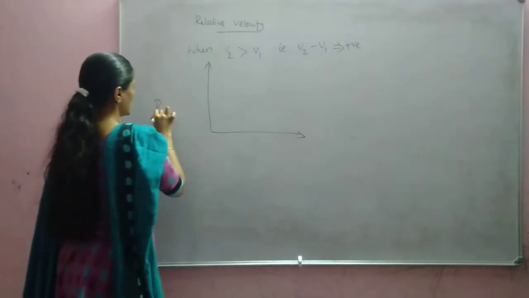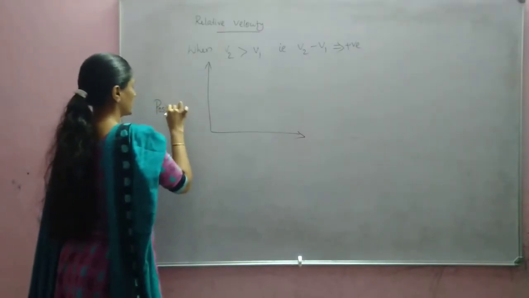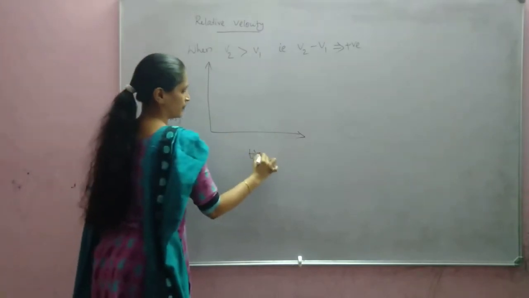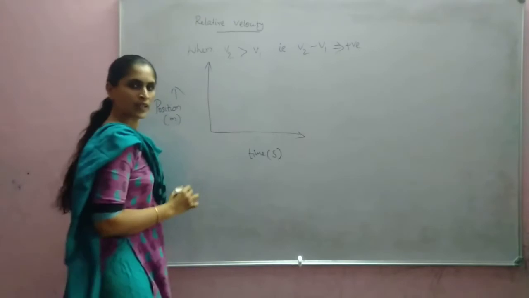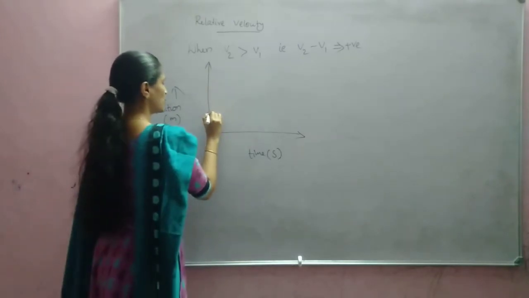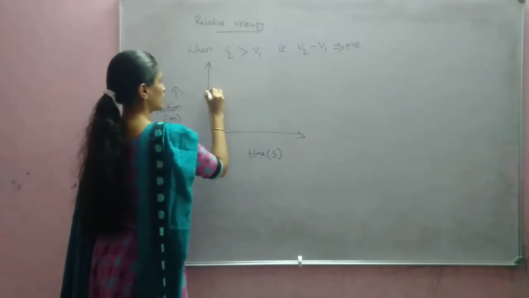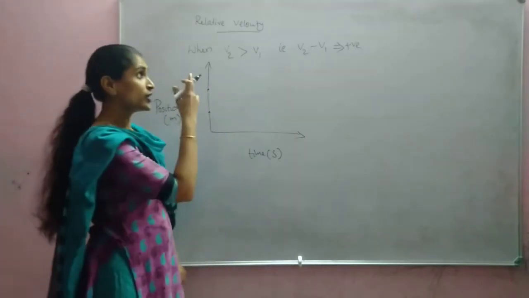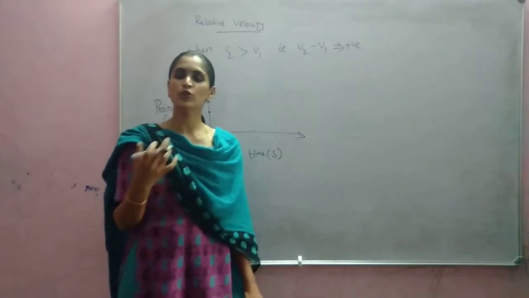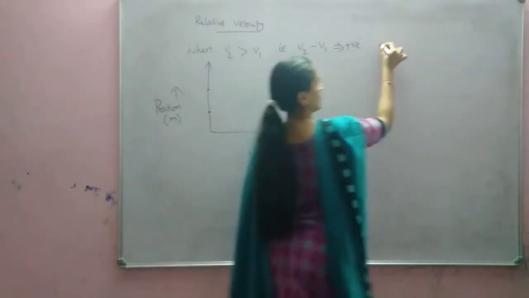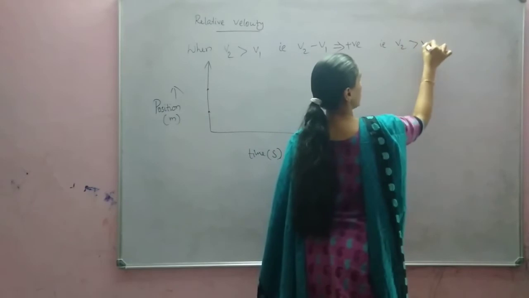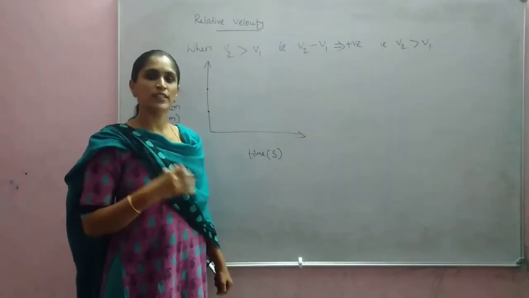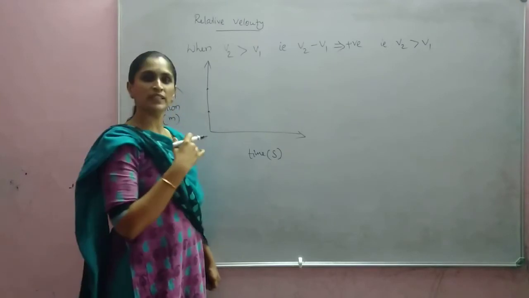Here it is position in meters and time in seconds. Initially the first object is at this position and the second object is at this position. Since v2 is greater than v1, the second object moves with a greater velocity, so the separation of the two objects will gradually increase.